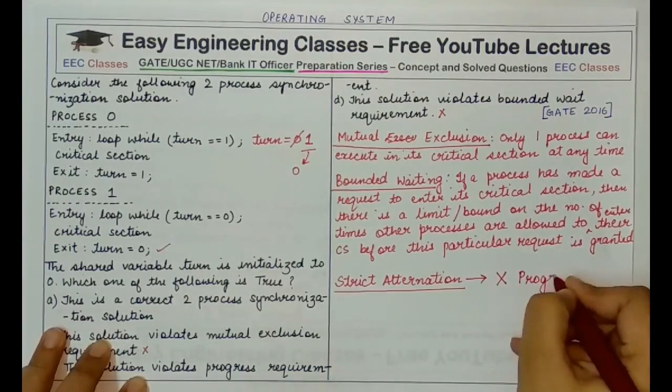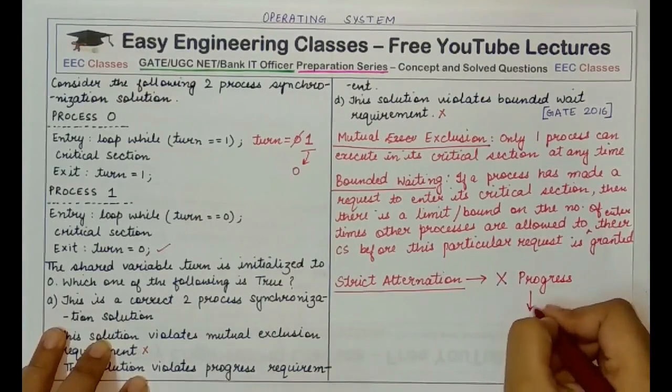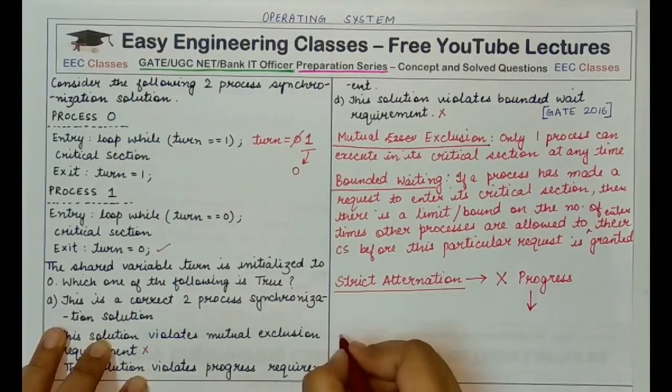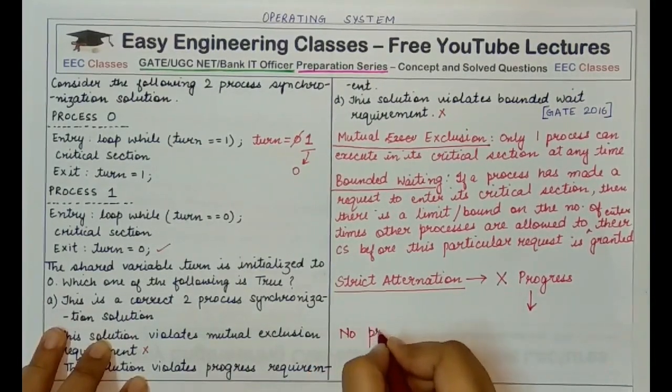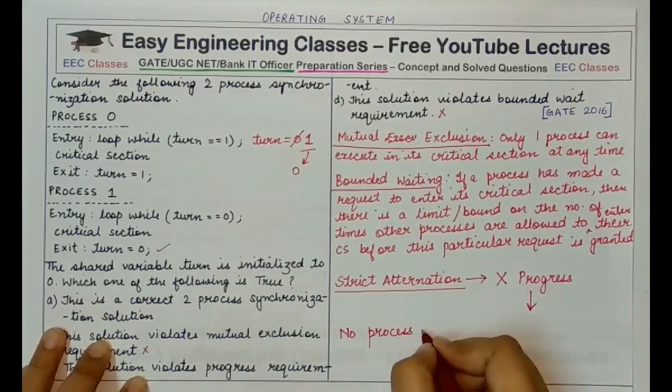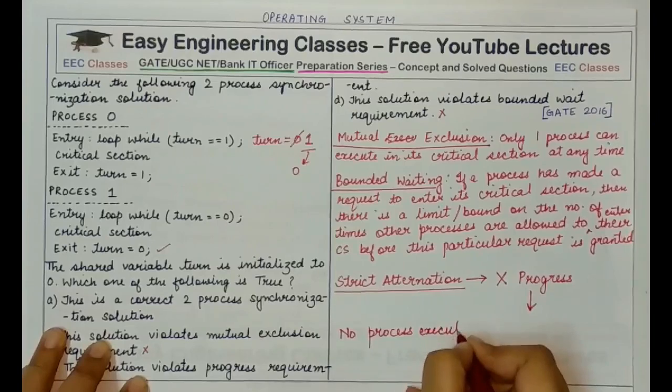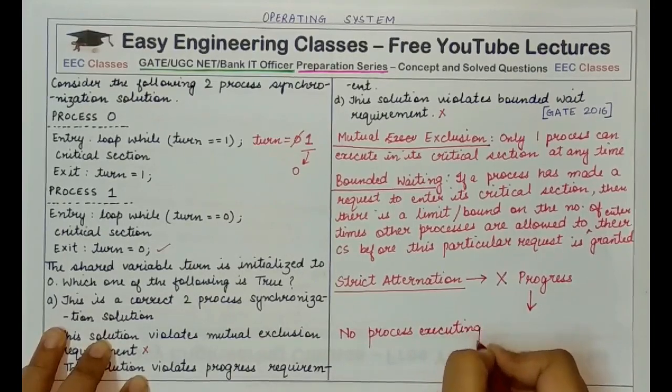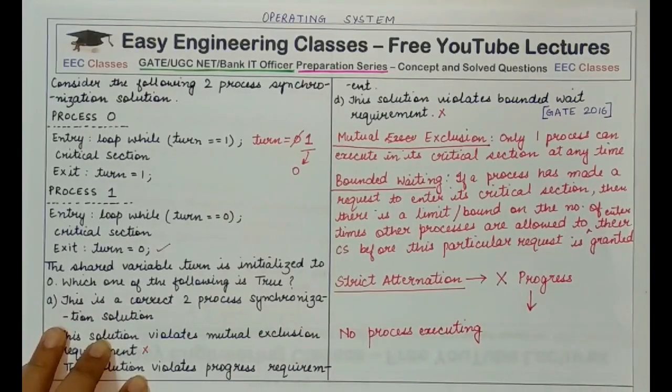And what is the progress requirement? The progress requirement states that no process that is executing outside the critical section is allowed to take part in the decision of which process would enter the critical section next.